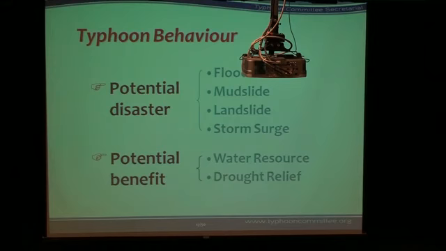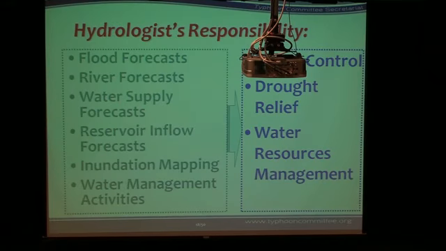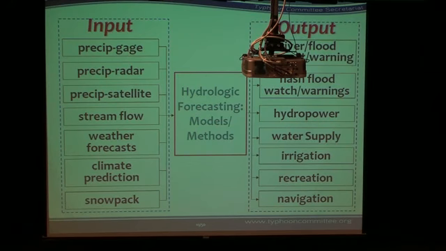I'm going to emphasize the meteorological requirements, but this just gives you some background on what the hydrologists do: flood control, drought relief. I didn't realize last year that Taiwan was in a drought. If it hadn't been for Morakot, it would be even worse. But this is the hydrological problem. What's the meteorological input? What do they want from us?